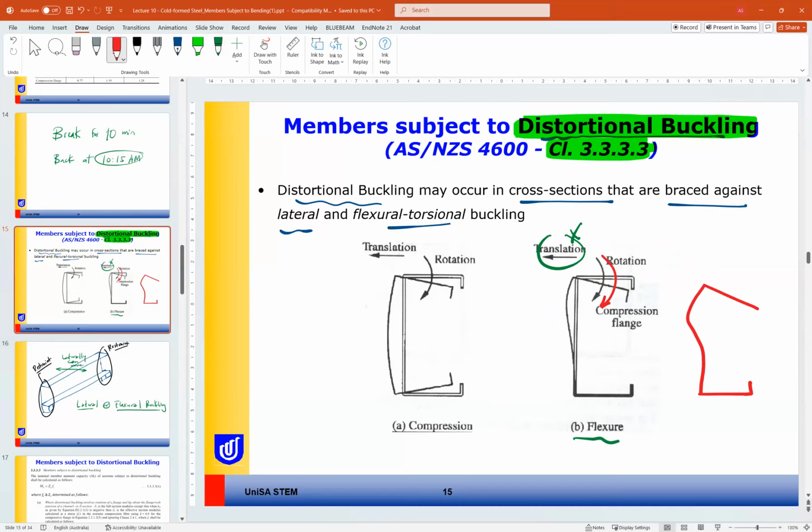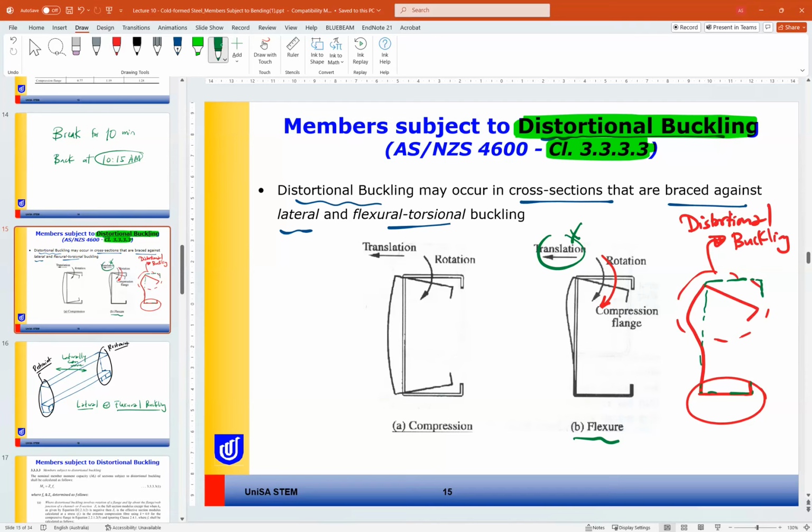And because it is fixed at the bottom, for example, this is the buckling shape we call distortional buckling. Okay, so this is our original beam. As you can see, no lateral movement happened. So that's why you cannot call it lateral buckling.